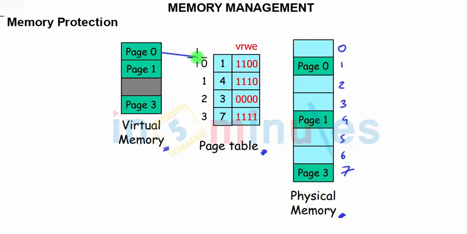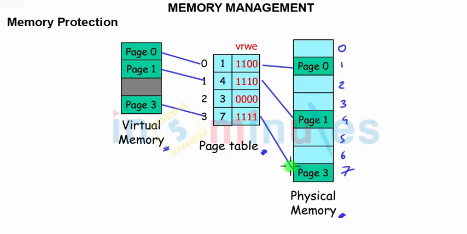Page 0 is in frame 1. Page 1 is in frame 4. In the third we don't have an entry, so in the fourth, that is page number 3, at the fourth location, it is in the last frame.